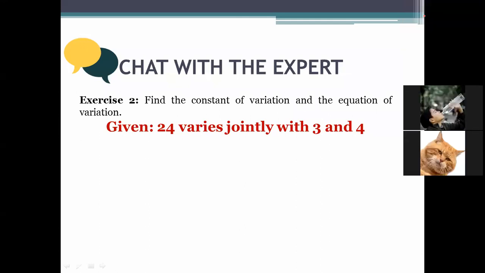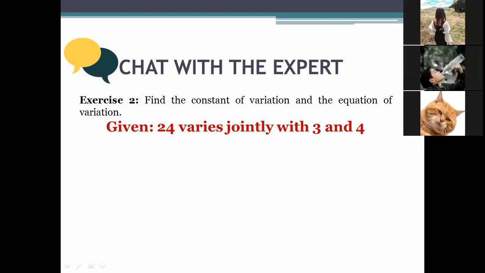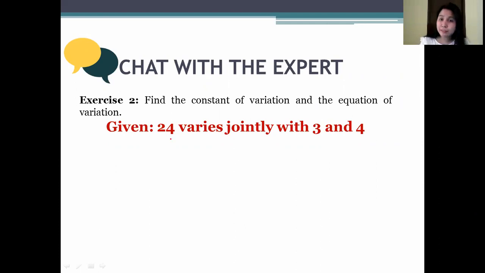How about friends? Are you there, friends? Ma'am. How will you translate this? 24 varies jointly with 3 and 4. 24 equals K, quantity of 3, and quantity of 4. Oh, very good. That's 24 equals K times 3 times 4.